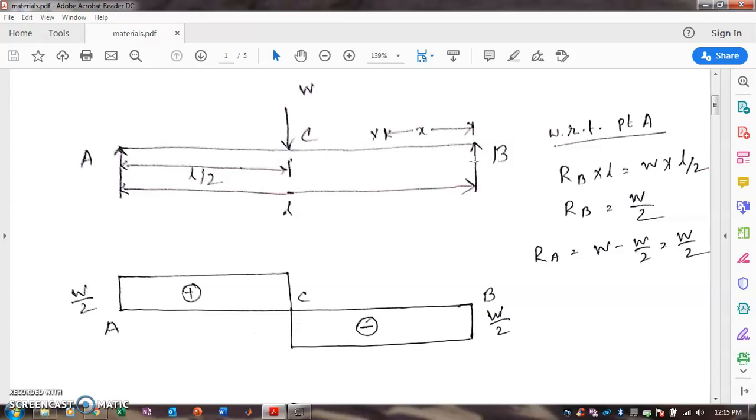So if RB is upward, towards positive y axis, the sign of RB will be opposite, that is negative. So we all know the value of RB is W by 2. So at B the shear force will be minus W by 2. So here it is denoted as minus.